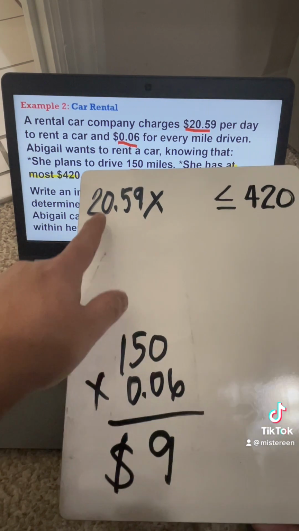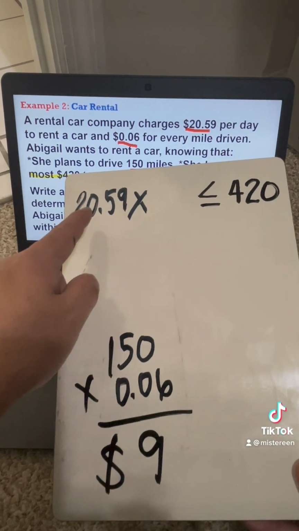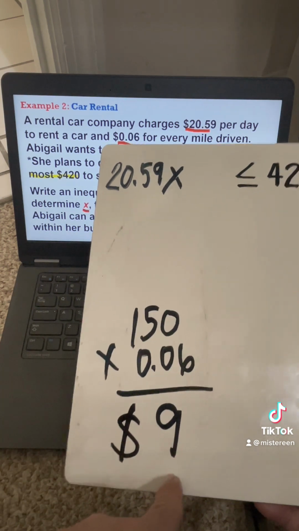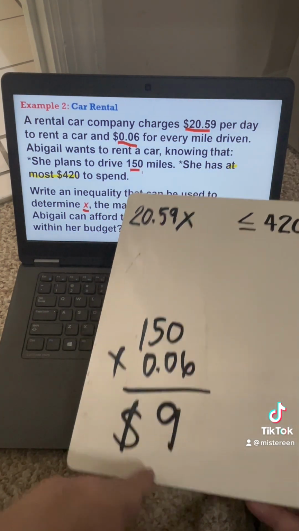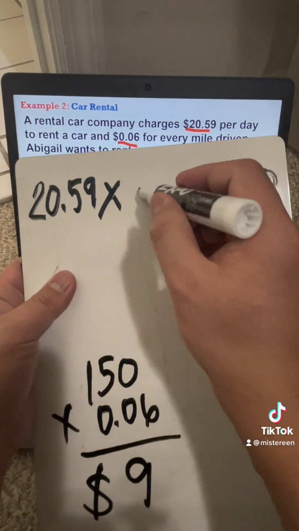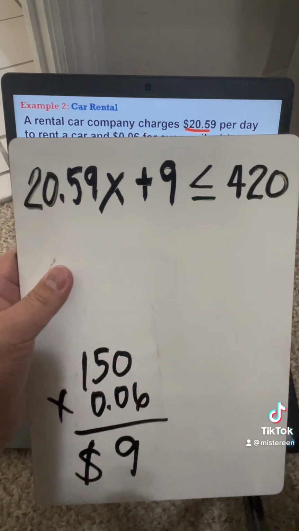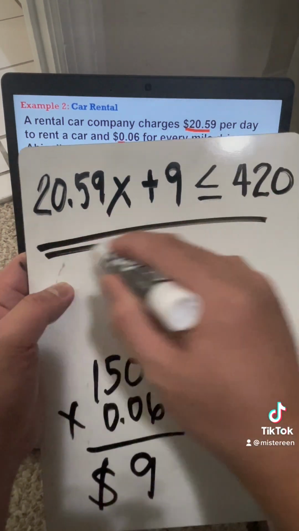So that means after renting the car, Abigail also needs to pay this $9 because that's the fee for driving 150 miles. All right, so I'm going to add here my 9. You need to add because Abigail needs to pay all of this. So this is now the inequality.